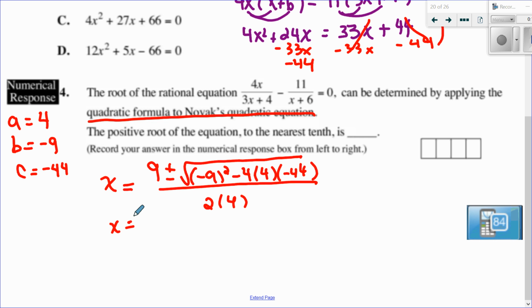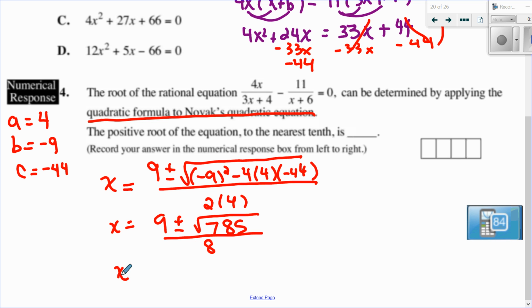Okay, so I want to put this together. So under the square root, the discriminant, I'm going to do negative 9 in brackets squared minus 4 times 4 times negative 44. And in doing so, underneath the square root, I get 385. So just plugging in this part right here. And that's all over 2 times 4 is 8.